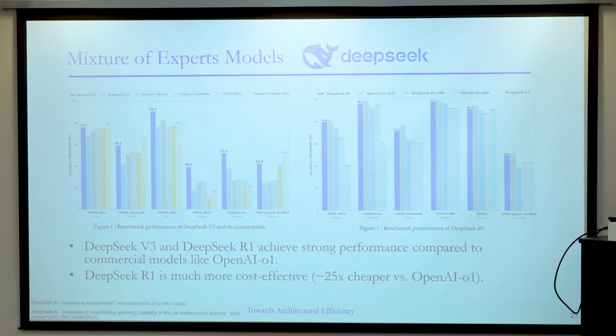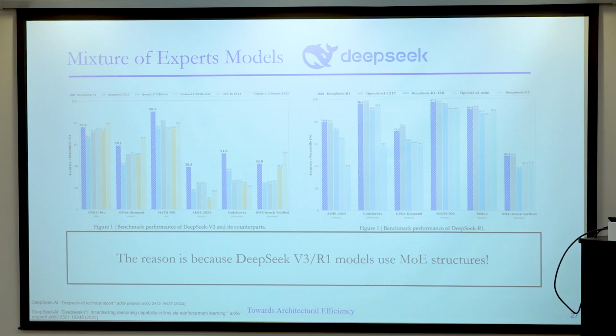Another interesting point is that it is much more cost effective. According to some statistics, DeepSeek R1 is 25 times cheaper than OpenAI o1. One of the main reasons is that DeepSeek V3 and R1 use a mixture of experts architecture.